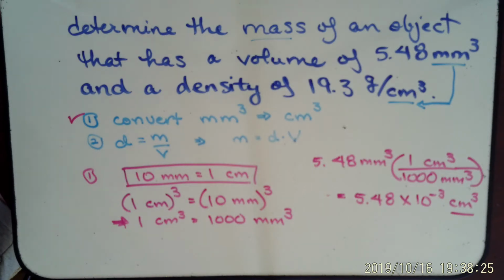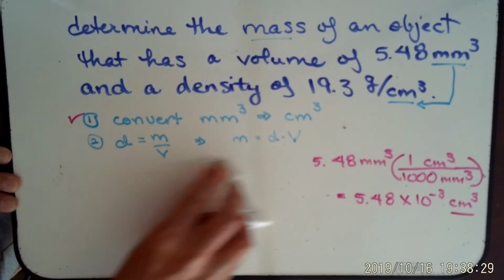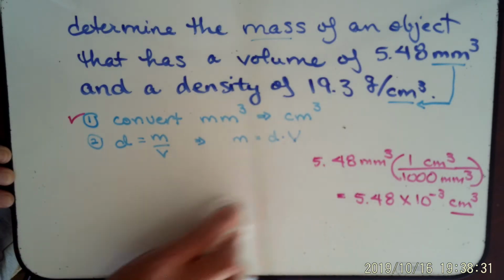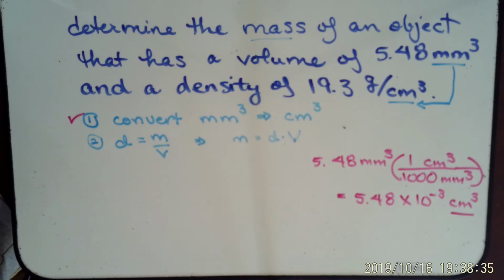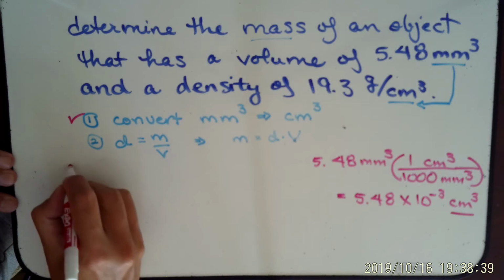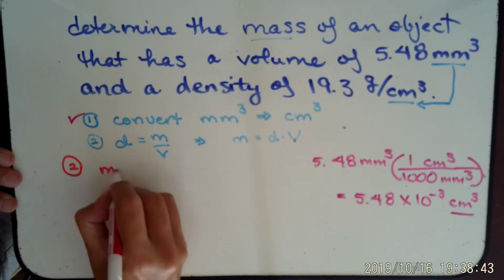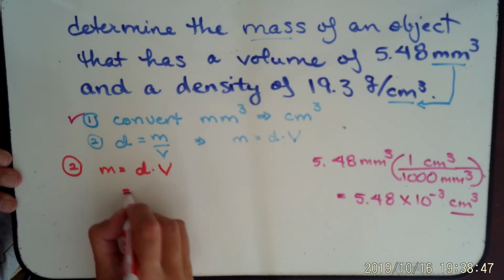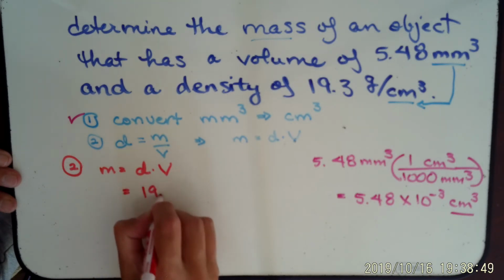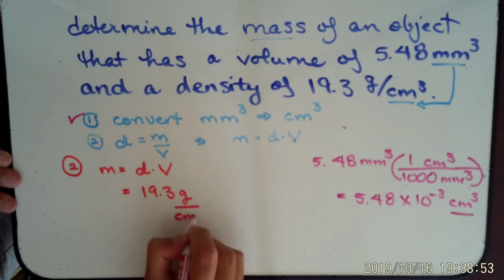So I'm going to erase this part on how we got our conversion unit, and now we're going to use this formula. When we use this formula for step 2, mass is equal to density times volume, and our density was given at 19.3 grams per cubic centimeter.